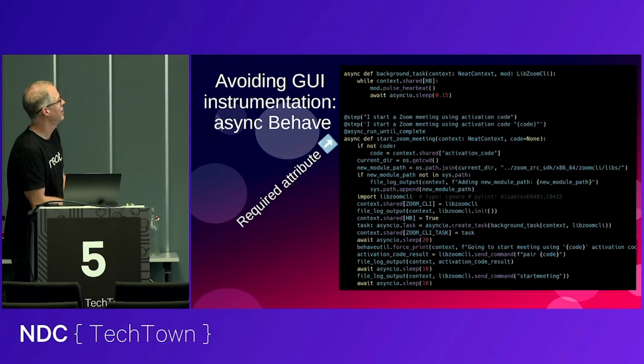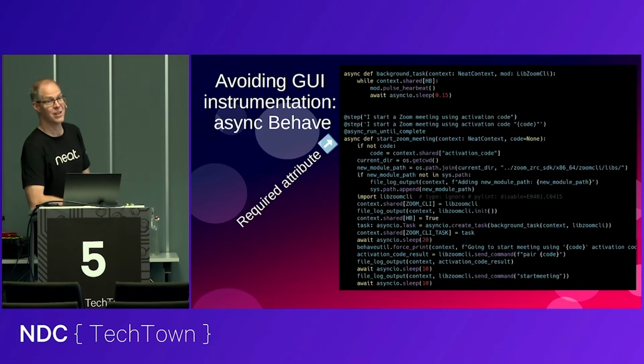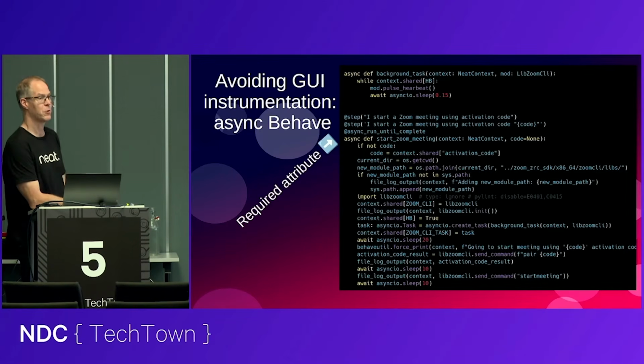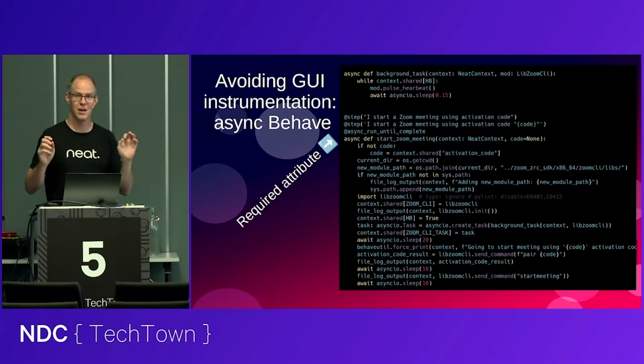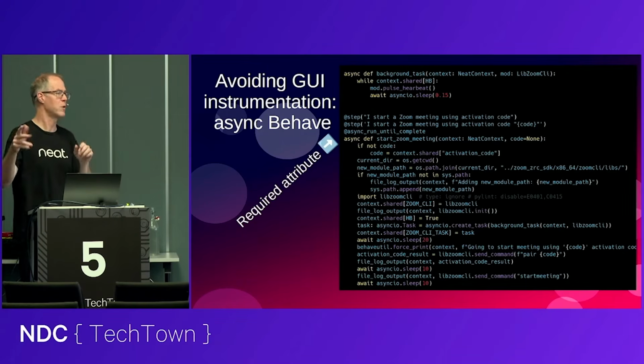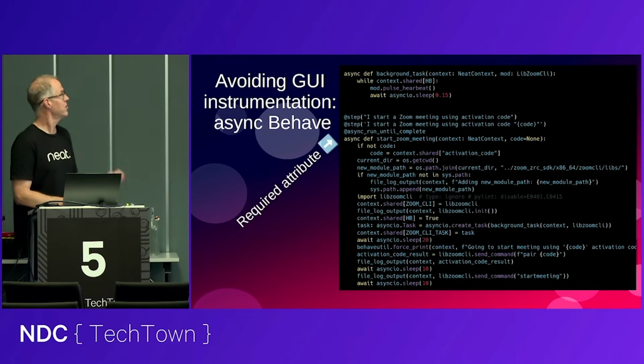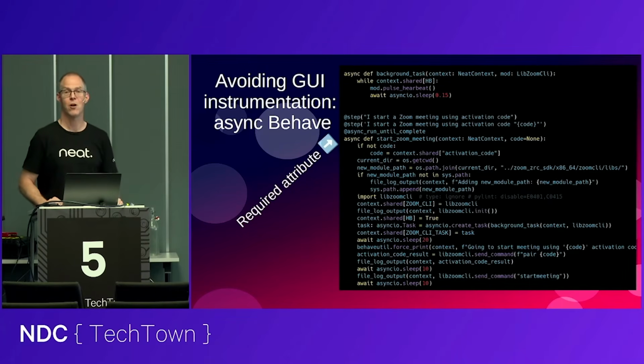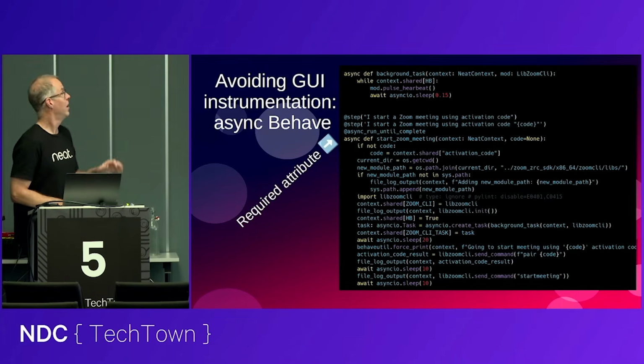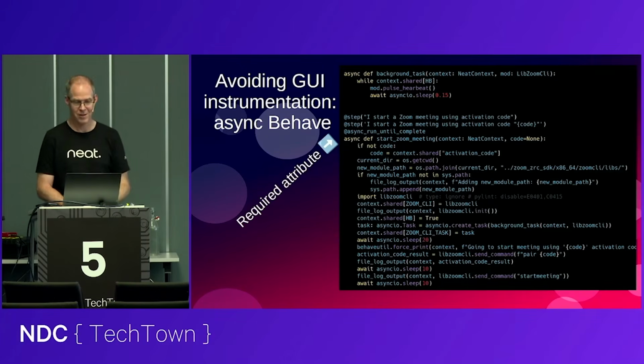So let's look at the Python Behave code. This is async. You remember I mentioned Behave came out with the 1.3 version, now 1.3.3, which came with support for async functions. You just have to put a decorator on your Behave function, run until complete.